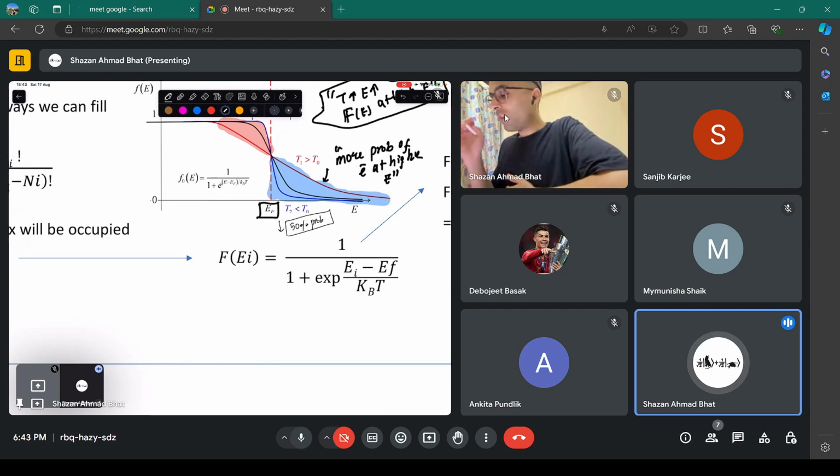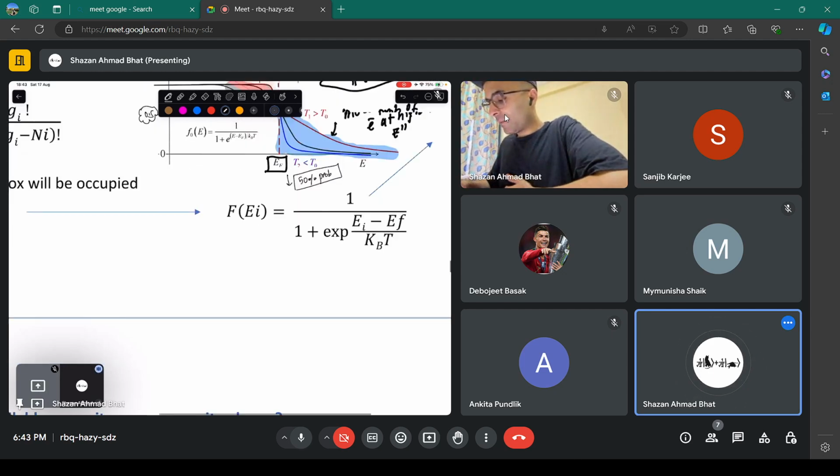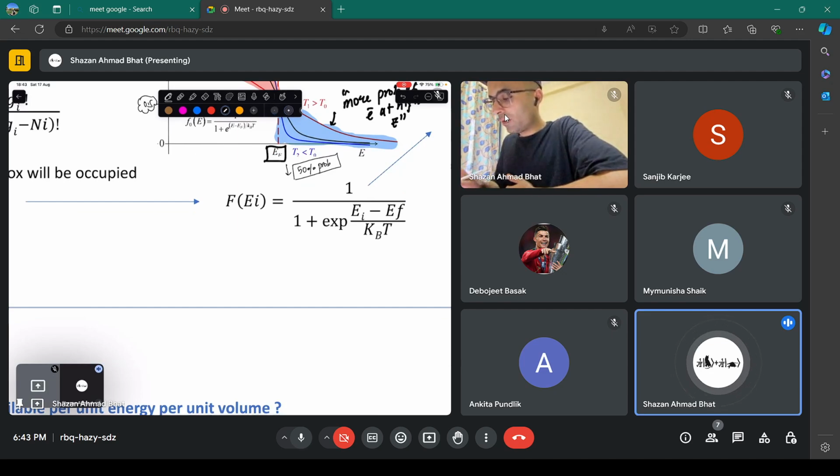There is a half probability. You can see this particular value here is actually 0.5. So this is the actual thing: at exactly the Fermi level, the probability of finding the electrons is one half, that means 50%. And most people get confused with the concept.